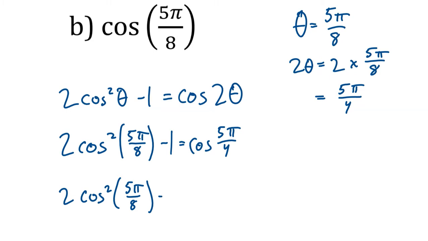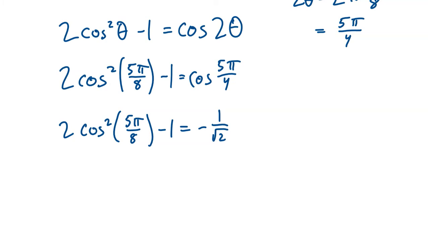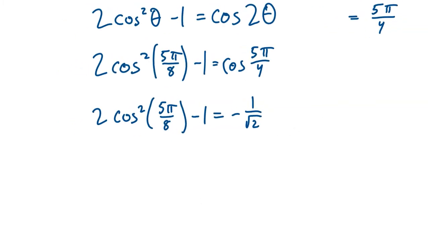You could do this and start moving stuff around to sort of do it in fewer steps. But sometimes people try to do too many steps at once and they end up making a mistake. Now we're just moving everything over and isolating for the 5 pi by 8. So I'm going to add 1 to both sides and divide by 2.